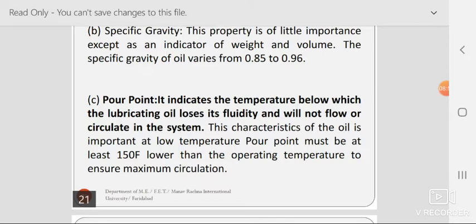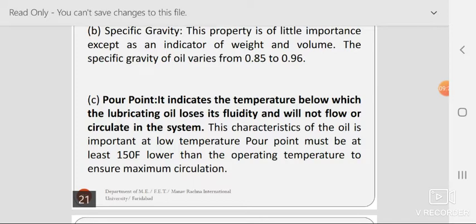That is very, very important for an engine. The moment the lubricating oil starts working, the temperature of the piston cylinder arrangement increases tremendously. This high temperature of the piston cylinder arrangement affects the engine performance.